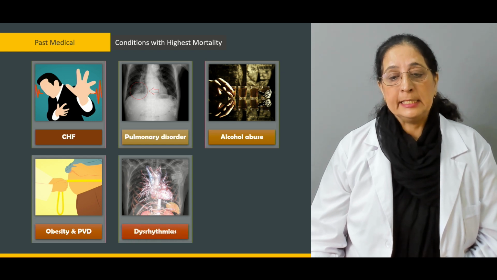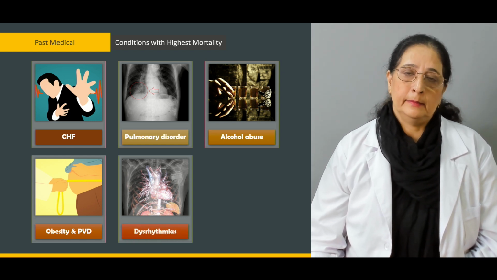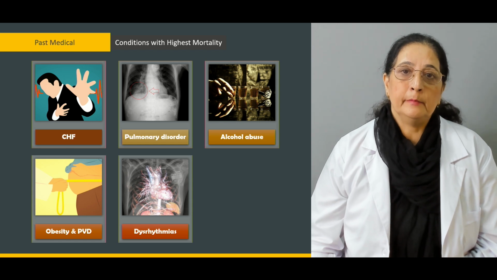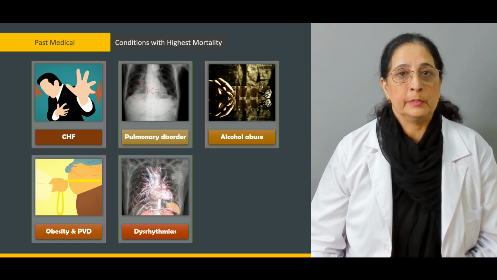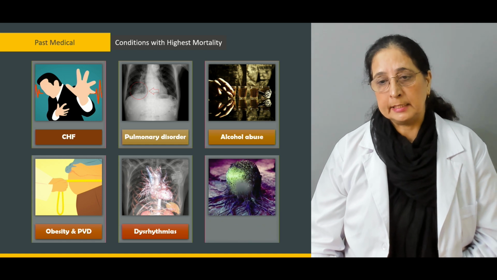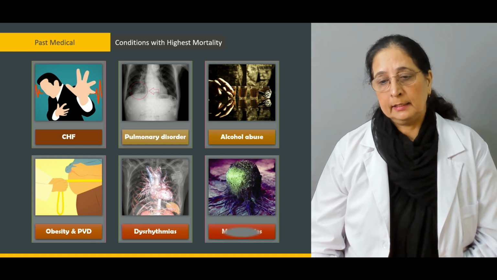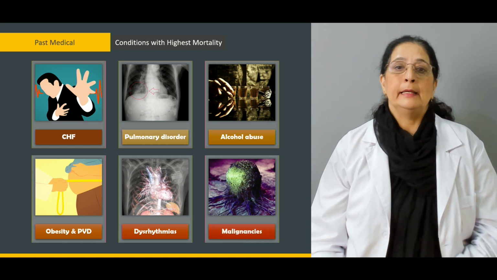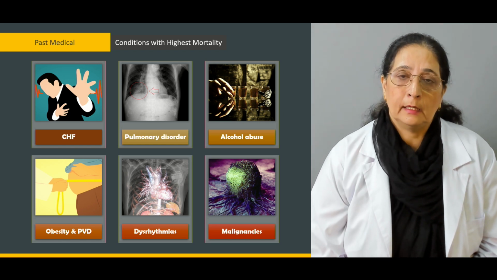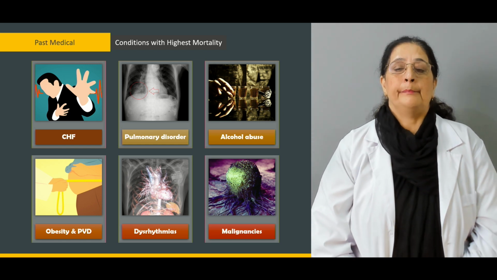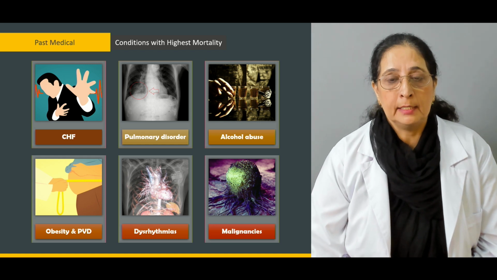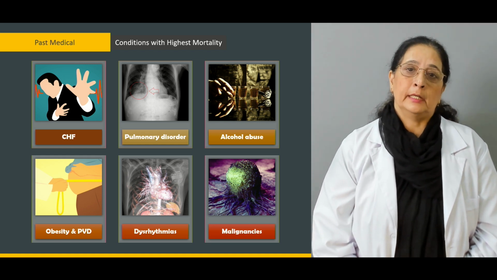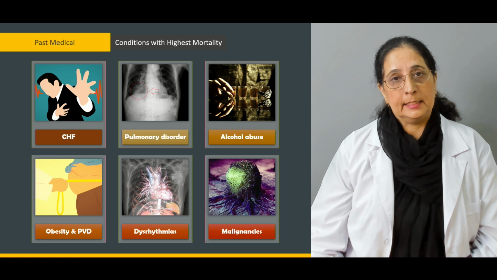Then any dysrhythmias, any abnormalities in the rhythm of the heart, can also be associated with high mortality rate. And then the condition is malignancies. So all these are the conditions, past medical history, that can be associated with high mortality rate.